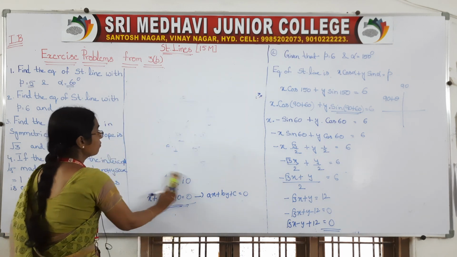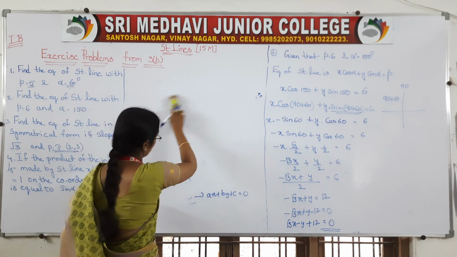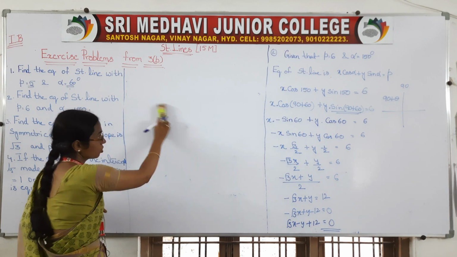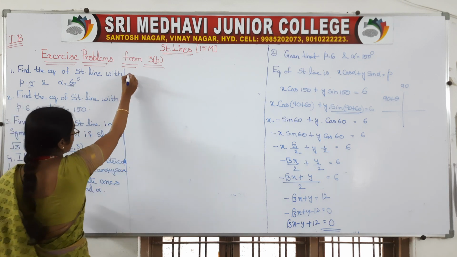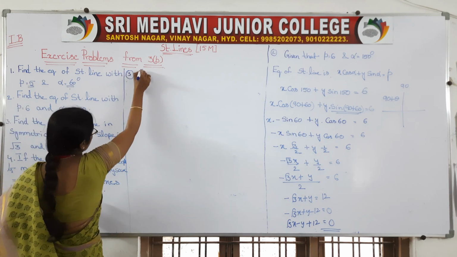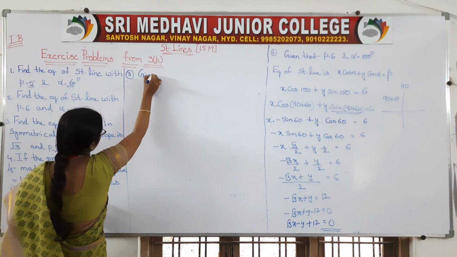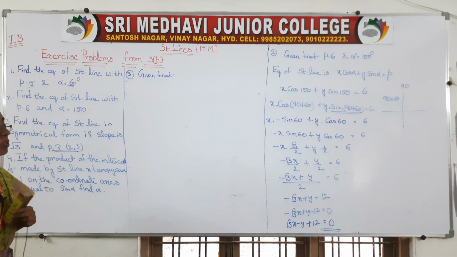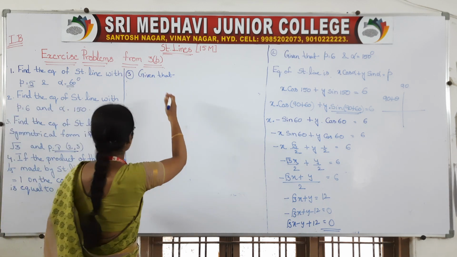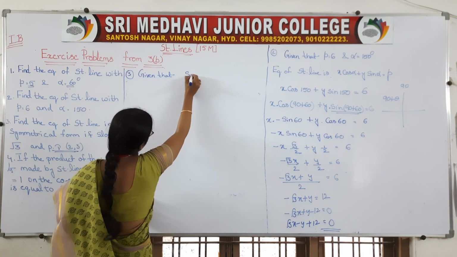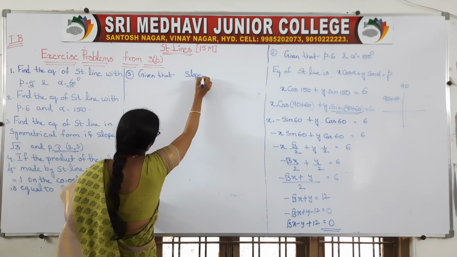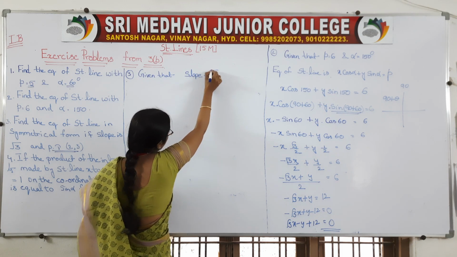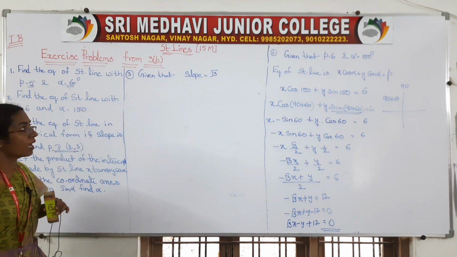So what is the given information? Slope is given to you, right? And a point on the line is also given to you. So in any problem in mathematics, first we will write what information is given to us. Given that, slope is given to us. Slope is equal to, what is the slope value? It is root 3.